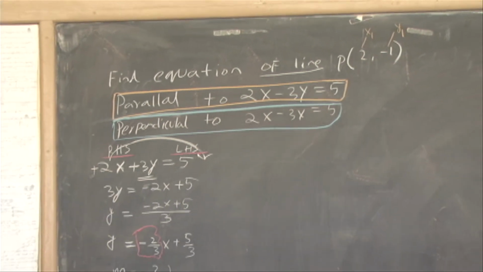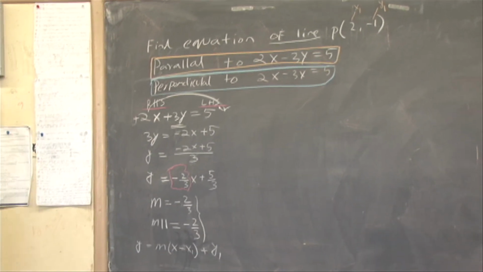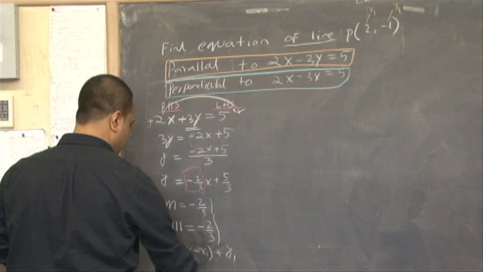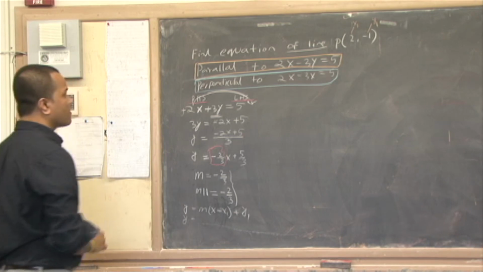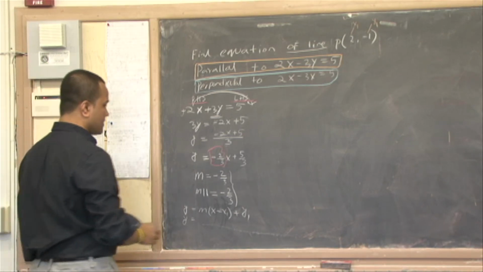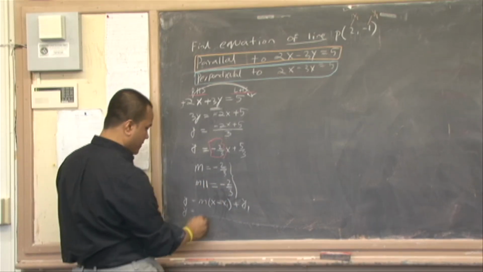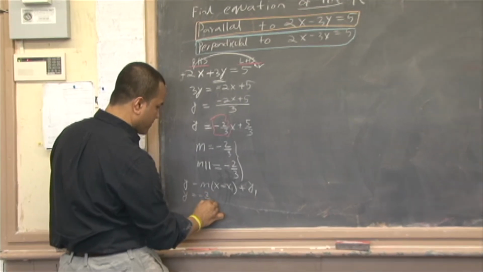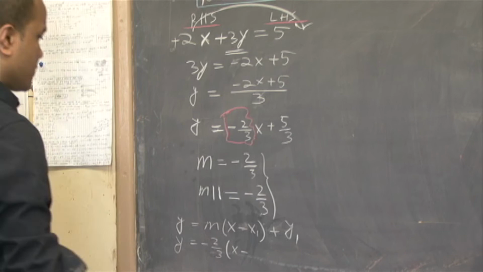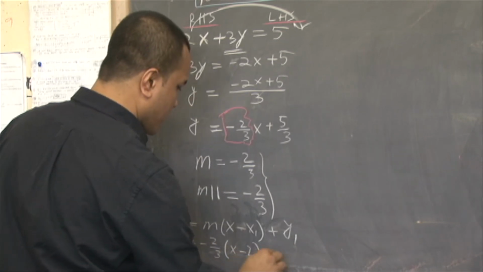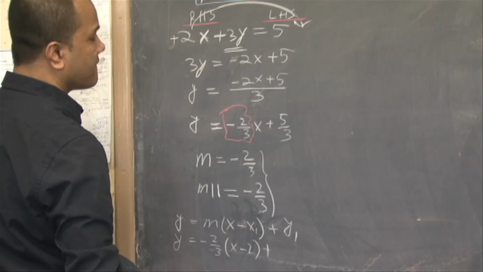This is x1 and this is y1. So let's plug it in, then we'll be able to get the line. M is negative 2 over 3, and x1 is simply 2, y1 is negative 1.